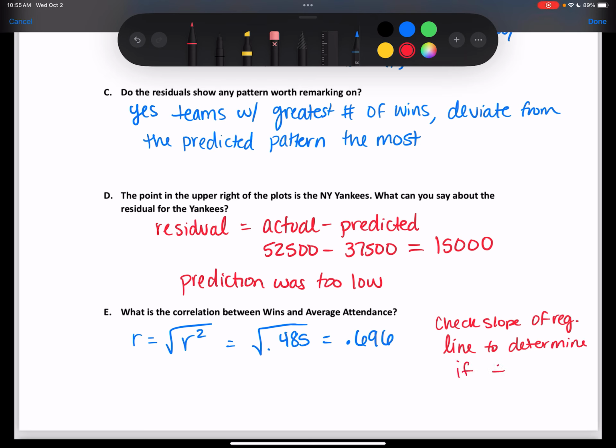Looking at the slope of the line from the left graph, what would you say it is? Positive. Yeah, so this one is positive. If it's positive, you don't have to write the plus sign. I'm just doing that so that if you go back, you know that we actually did check that. We weren't just making something up randomly.